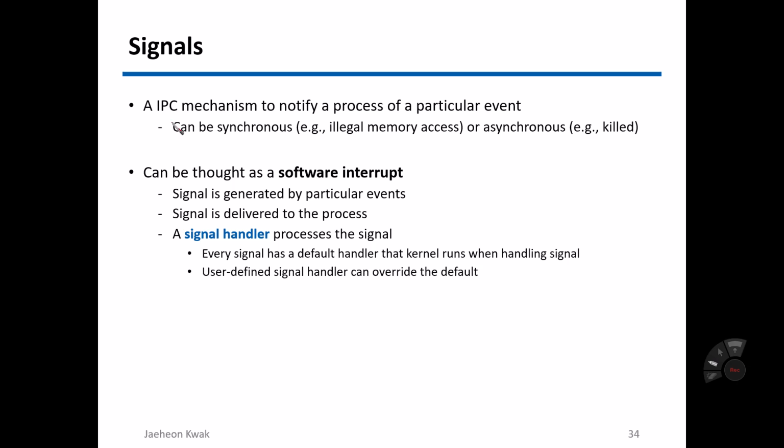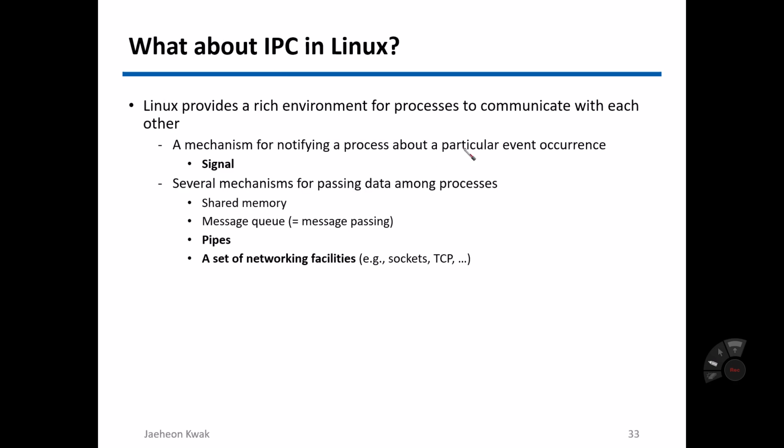A signal is a sort of IPC mechanism to notify a process of a particular event. Unlike the others, by using shared memory, message queue, or pipes, you can send and receive lots of data.